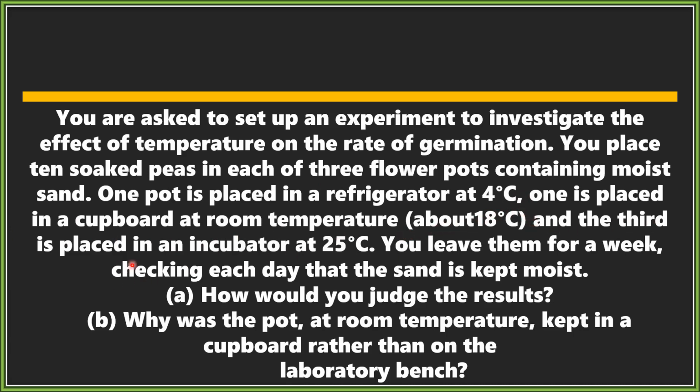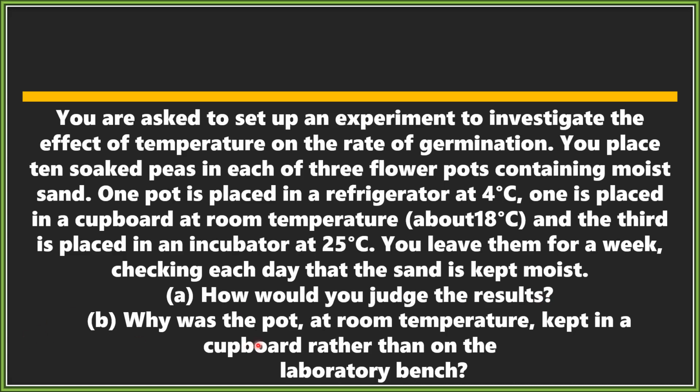And the third is placed in an incubator at 25 degrees Celsius. You leave them for a week, checking each day that the sand is kept moist. How would you judge the results?